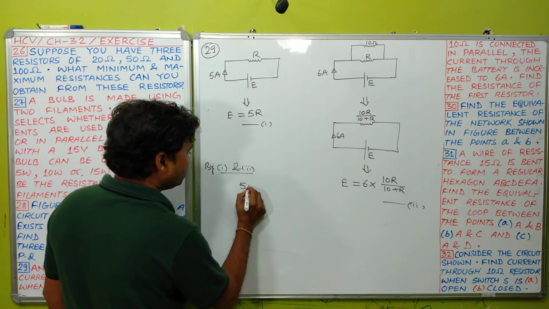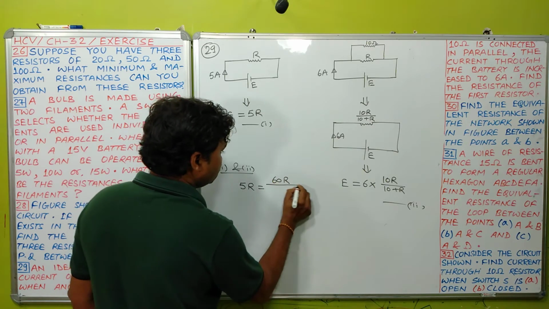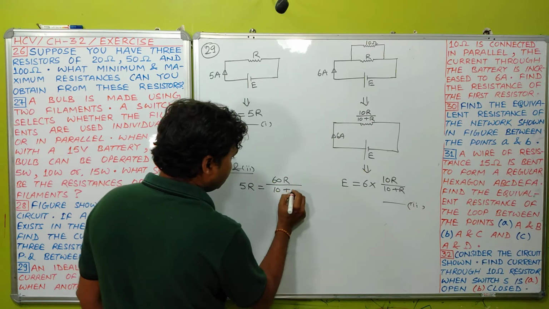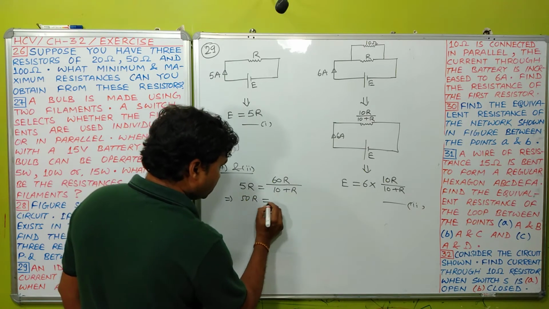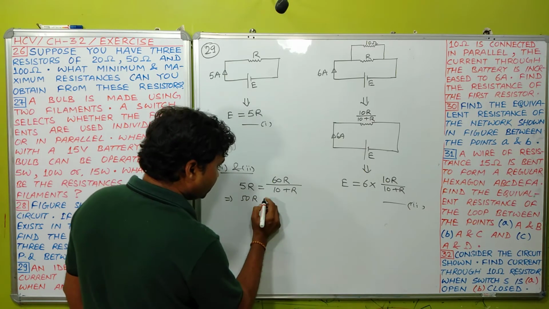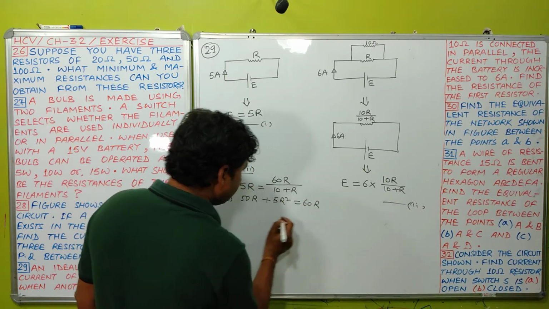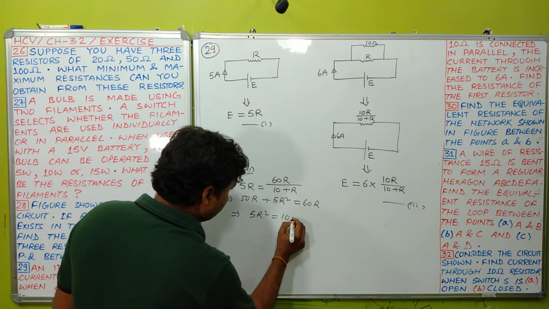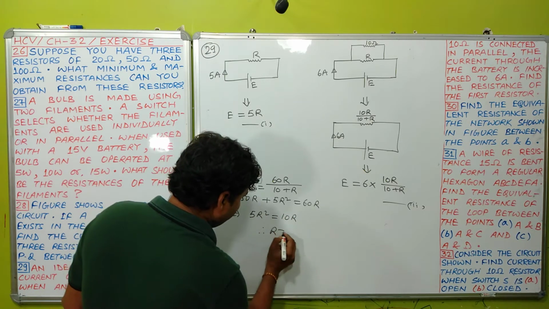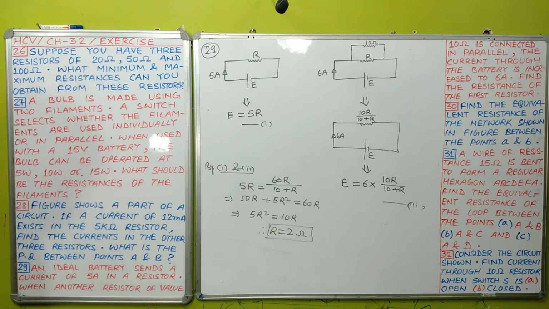You can write 5R equals 60R divided by 10 plus R, means 50R plus 5R square equals 60R. From here we can write 5R square equals 10R, so value of R is 2 ohm. You can see from here, question 29.